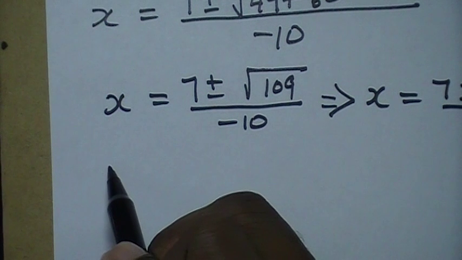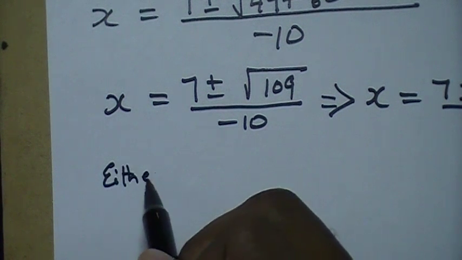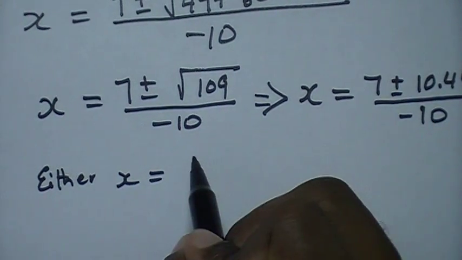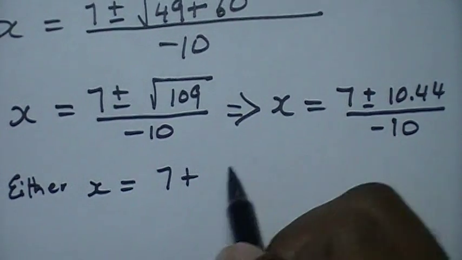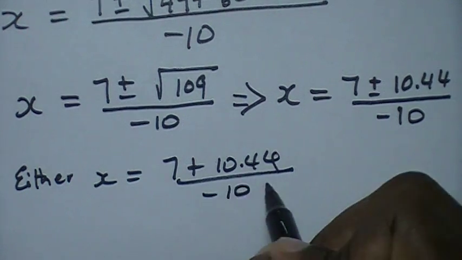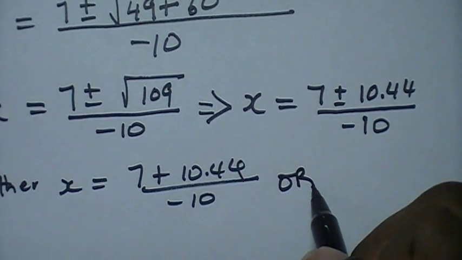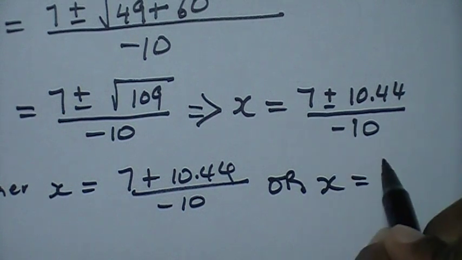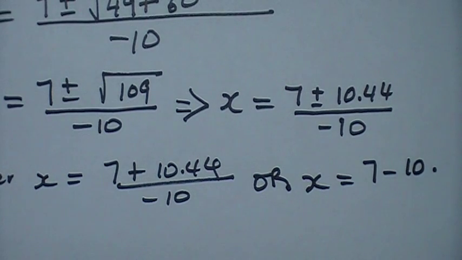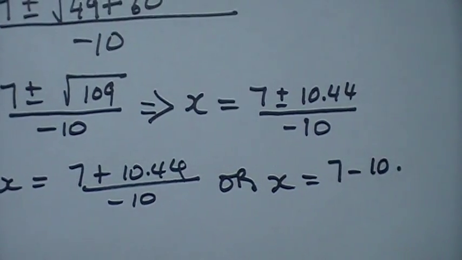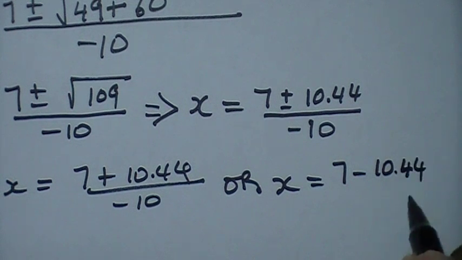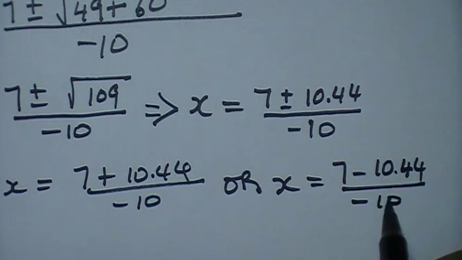So it's going to be either, taking the sum first, x is equal to 7 plus 10.44 divided by negative 10, or x equal to, let's use the difference now, 7 minus 10.44, and then we divide by negative 10 as well.